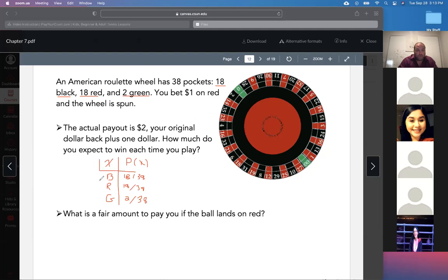How much do you make? You make $1. Like the actual payout is 2, but I'm paying 1, so my gain is $1. Okay, so if it's red, which is what you bet on, your gain is $1. How about if it's black?